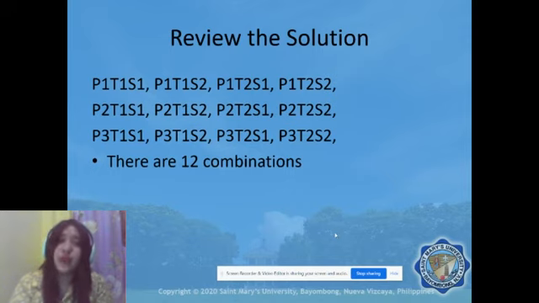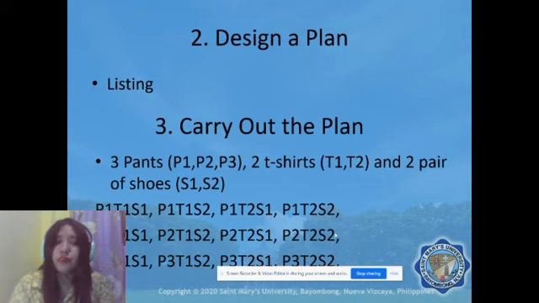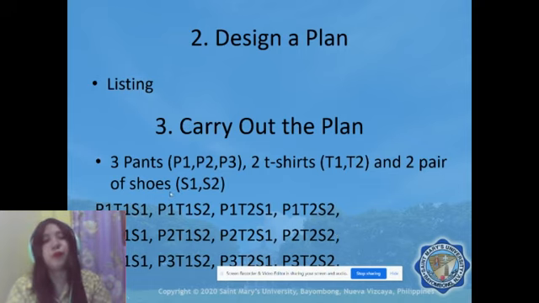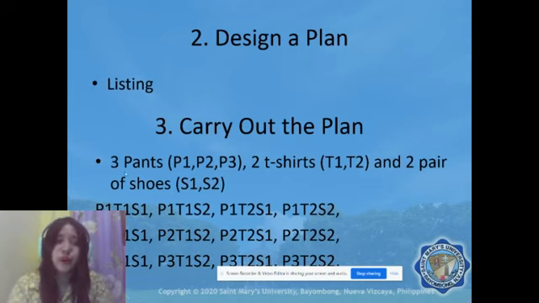So if you know the formula, that when we are dealing with this kind of problem, all you need to do is to count the number of all possible results for pants, for t-shirts, and for pairs of shoes. So that is 3, 2, and 2.